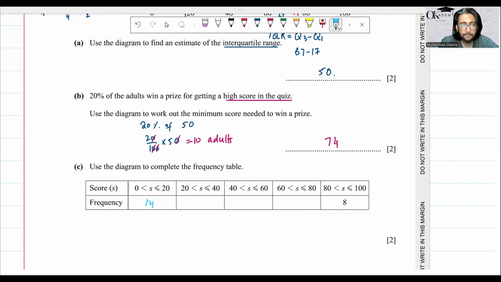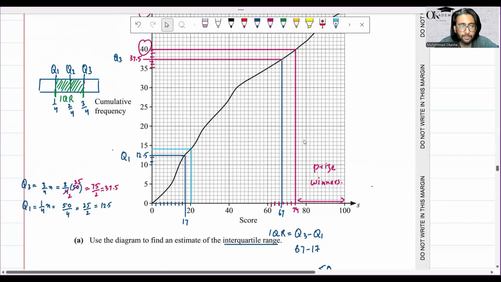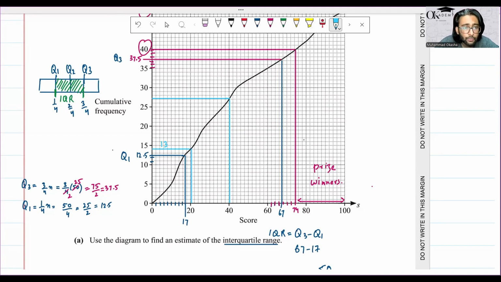And after that, from 20 to 40, the frequency would be, yeah, this is the one I'm doing in blue, by the way. From 20 to 40, already the frequency is 13. Okay, so this frequency is already 13. And at 40, the frequency is 25, 26, 27. So if you do 27 minus 13, I think you should get 30, if I'm not wrong.